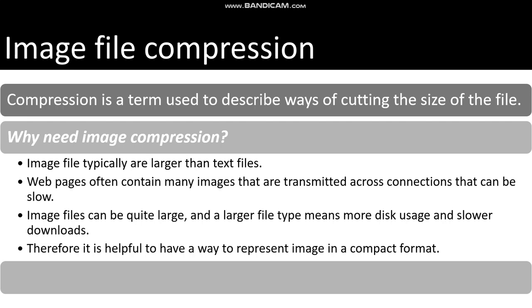Image files can be quite large, and a larger file means more disk used and slower download. Therefore, it is helpful to have a way to represent images in a compact format.